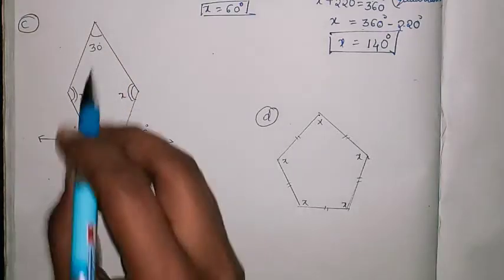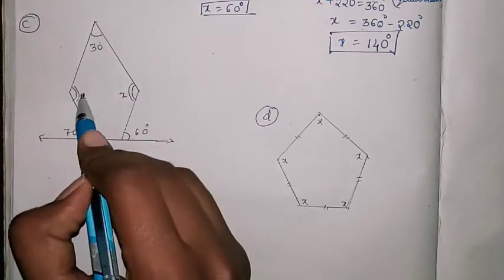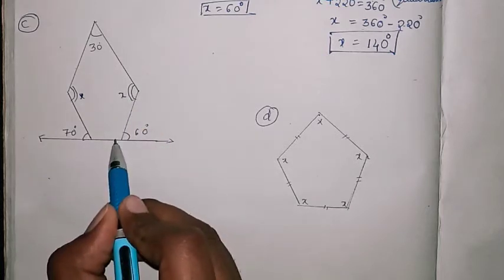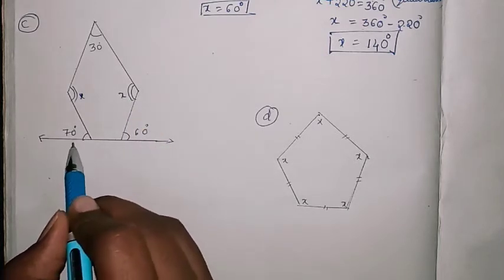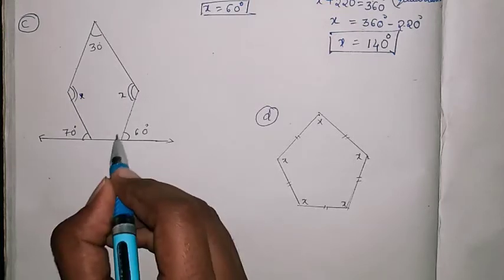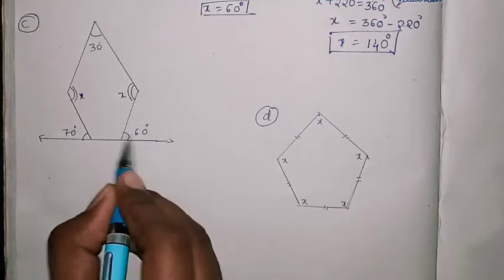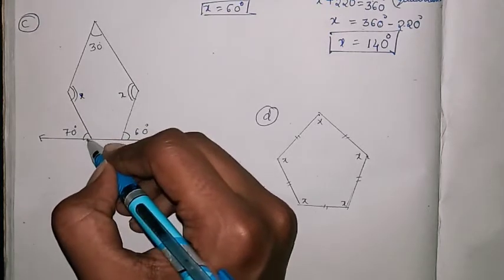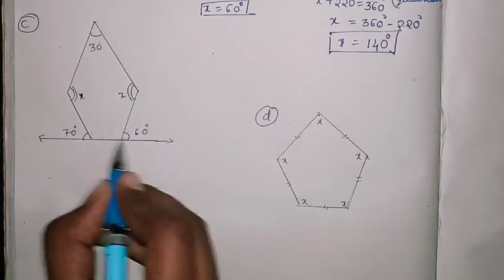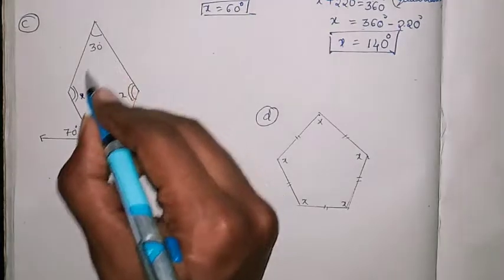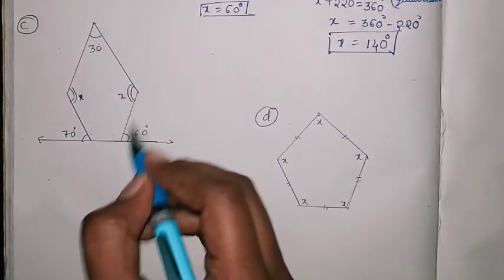Yes, so one is given as 30, another one is x, another one is x, and here we don't know the angles, but they have given the angle outside. Is it possible to find this angle? Definitely, because it is a straight line, by the linear pair we can find these angles. If you find these angles, then the sum of the angles inside this we can calculate.